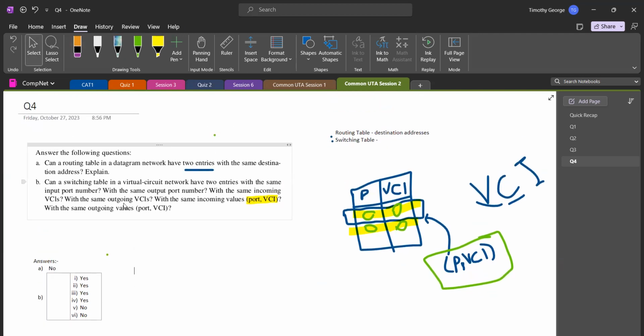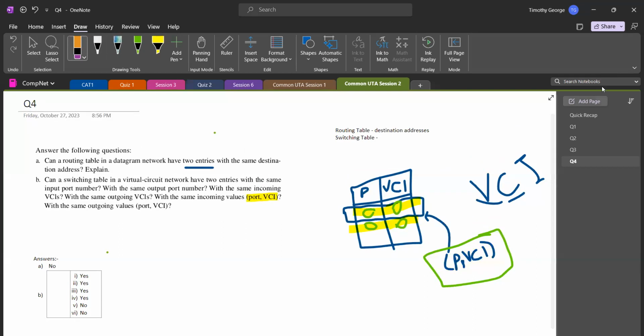So that was a quick theory question that we saw. It all comes down to knowing what a routing table is, what a switching table is, and what makes something unique in that table. Okay, fine.